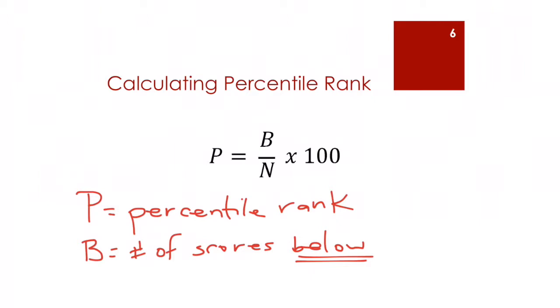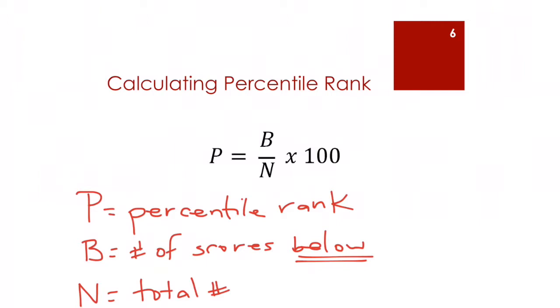Okay, so the B stands for below, and N is the total number of people or things that we're dealing with. So total number is our N, just like when we were working with the mean and the median and the mode. So we're going to use this equation when we're calculating the percentile rank.